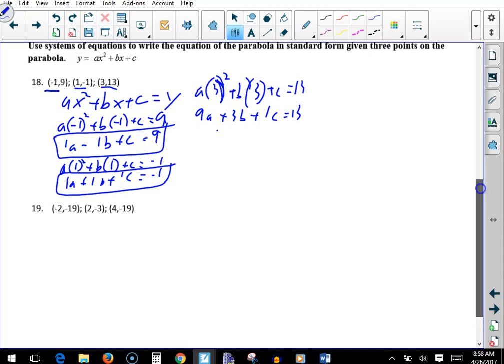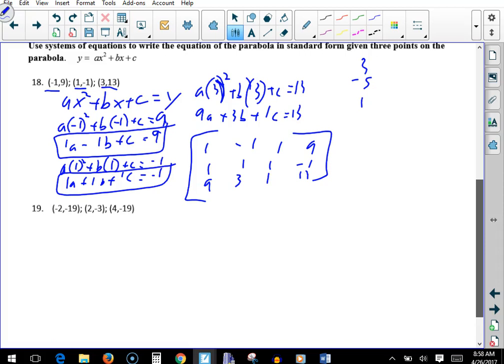Now I'm ready for my augmented matrix. 1, negative 1, 1, 9. 1, 1, 1, negative 1, 9, 3, 1, 13. When I get my 3 answers, it's going to be 3, negative 5, 1, like that.